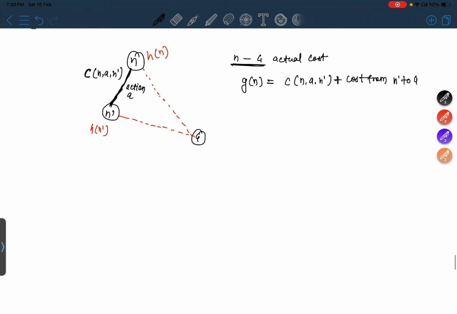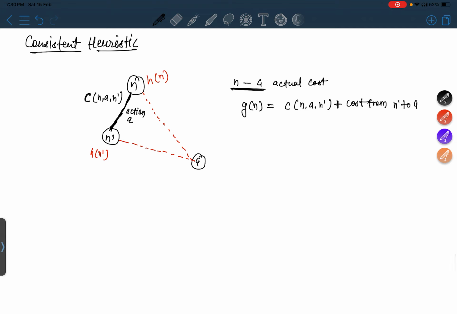Okay, so if we realize this, this diagram can be visualized just like a triangle. So from this, what I can say, this h of n should always be less than or equal to c of n, a, n prime plus h of n prime.